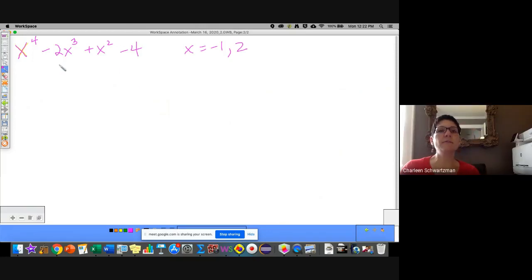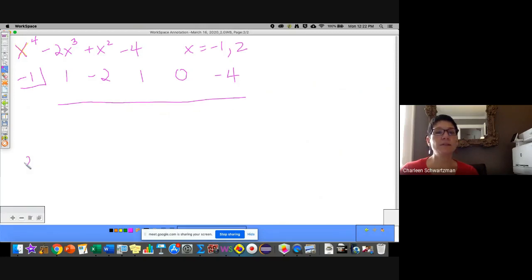Which term is missing? The linear term. Don't forget you have to account for that when doing synthetic division. So you should have your 1, your -2, your 1, then you need that 0 and then that -4. I'll wait for you to finish, and then I will fill mine in when it's all said and done.